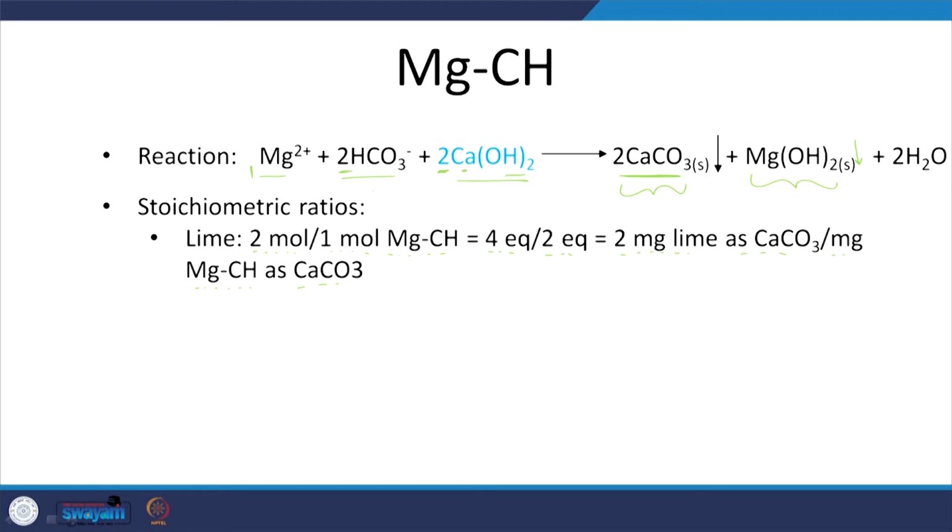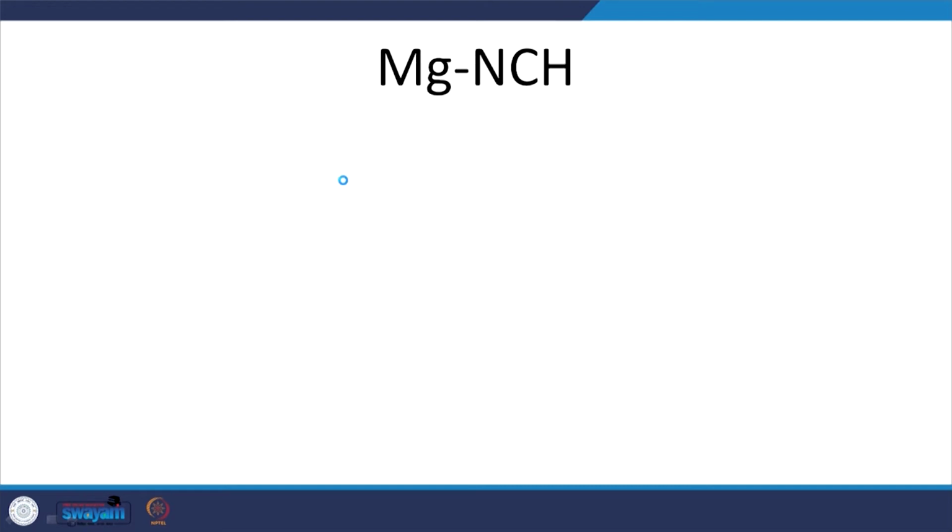You can see that one is for precipitating out magnesium hydroxide, the other is for transforming HCO3 minus to CO3 2 minus, let's say, right? That's why we have 2 moles here in this reaction. Are we adding any soda ash? None, right? Why? Because it's already carbonate hardness. We are assuming that there is already enough carbonate or bicarbonate present there.